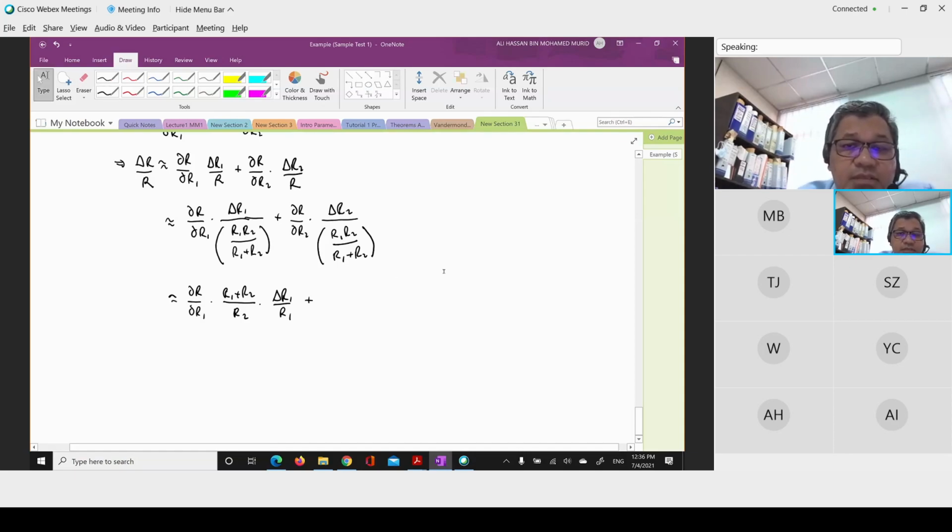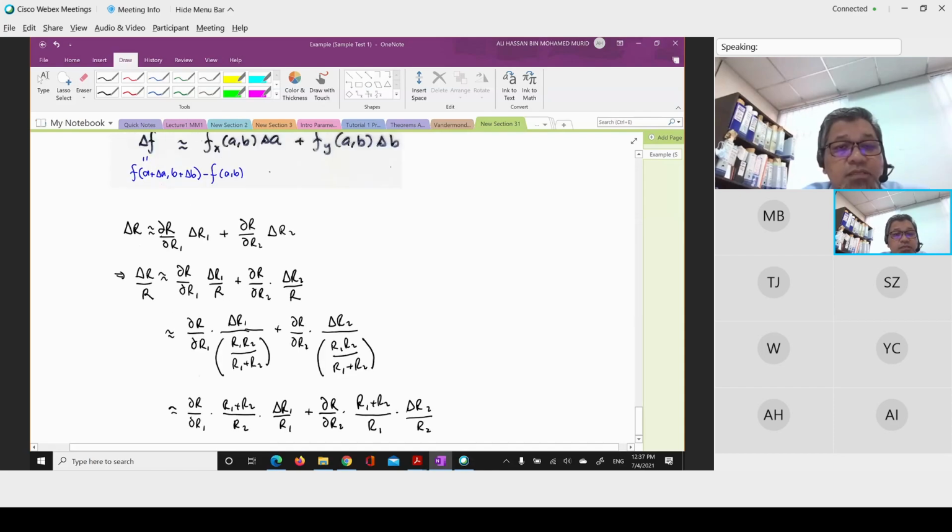For the second term, I can rewrite the second ratio as R1 plus R2 divided by R1 times delta R2 over R2. Why do we write in this form?